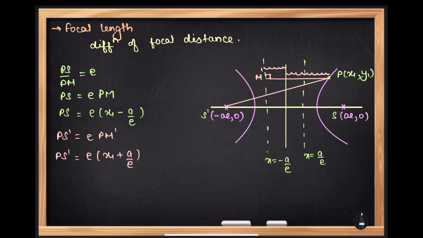Now what is the required thing? We have to find the magnitude of PS minus PS dash. Let's go through it. In both the parameters you have e as common, so I'll take e common and we will be left with (x1 - a/e) minus (x1 + a/e).